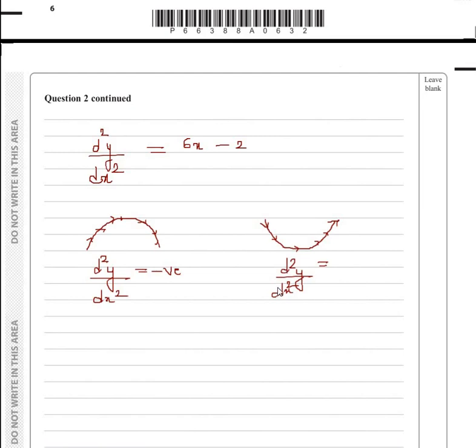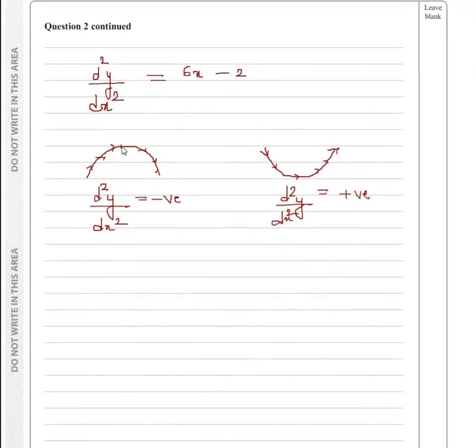Hence d square y by dx square is positive. So if it goes to a maximum point, then we call it a maximum point on the stationary curve. And here if it goes to a minimum point, then we call it a minimum.